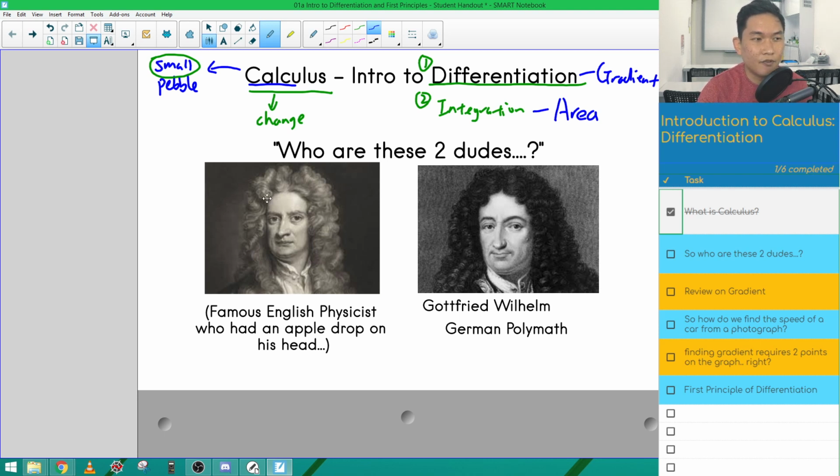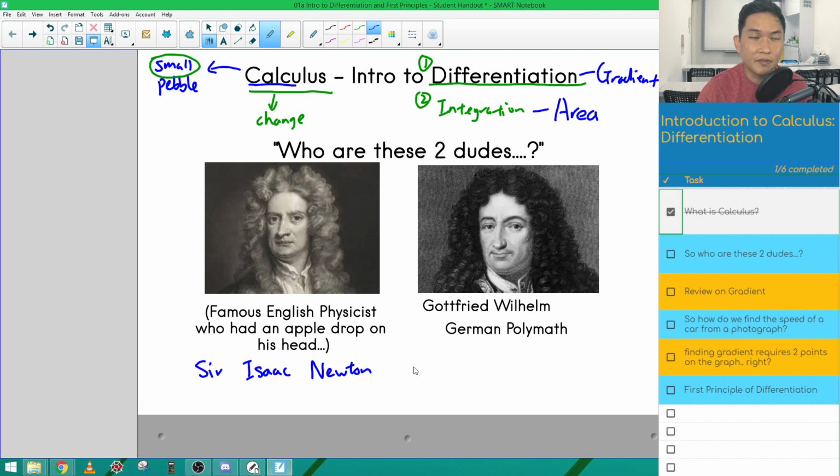From the description, you probably can guess who he is: famous English physicist, apple drops on the head, and the unit for force, newtons. Sir Isaac Newton. Other than discovering gravity and being a physicist, he was also credited with discovering calculus, something in mathematics.